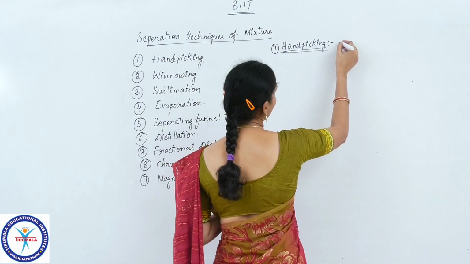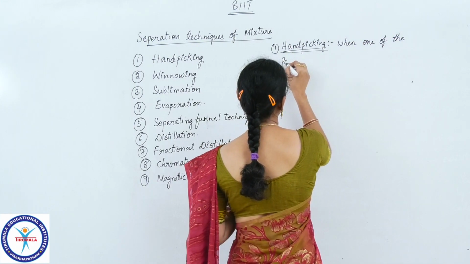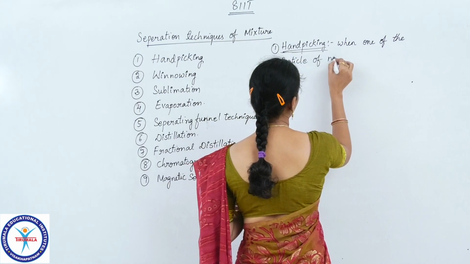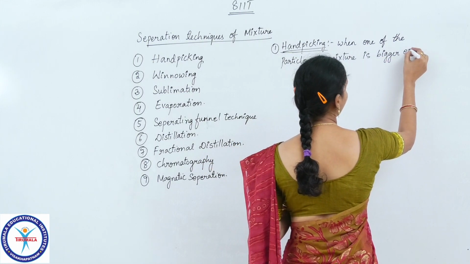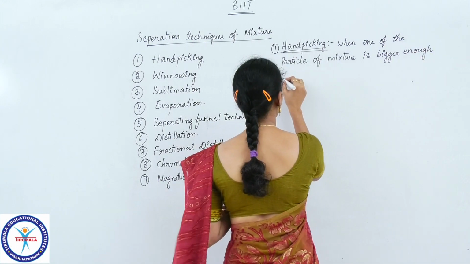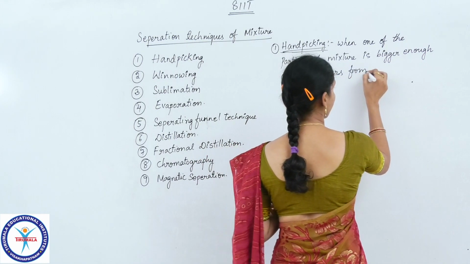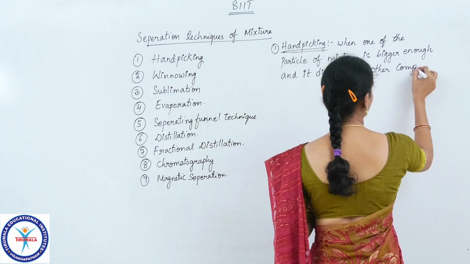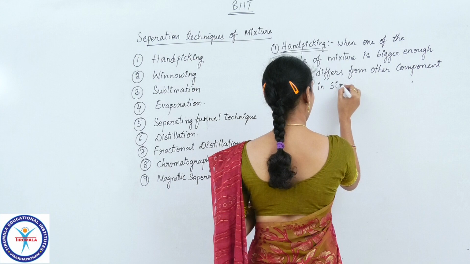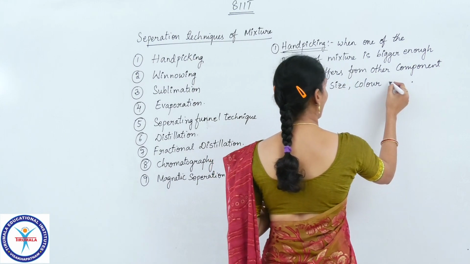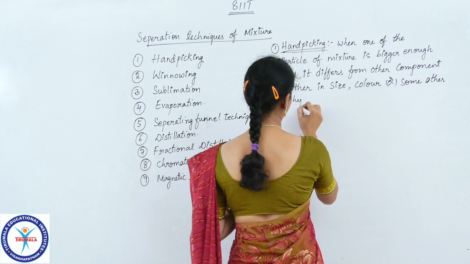So hand picking is observed when one of the components or particles of a mixture is big enough and differs from the other component either in size, color or some other physical parameter.